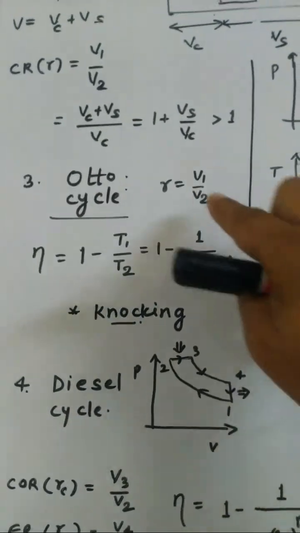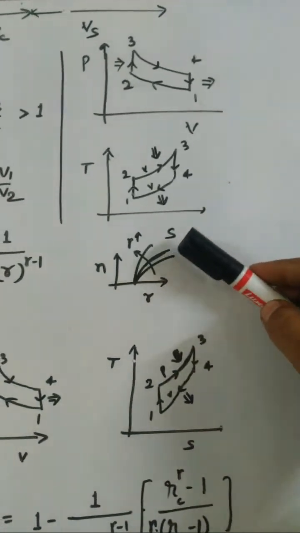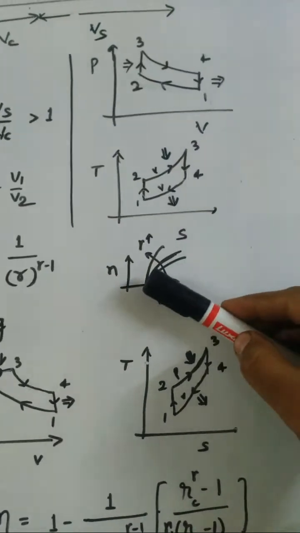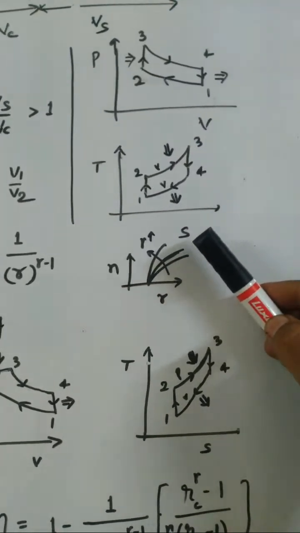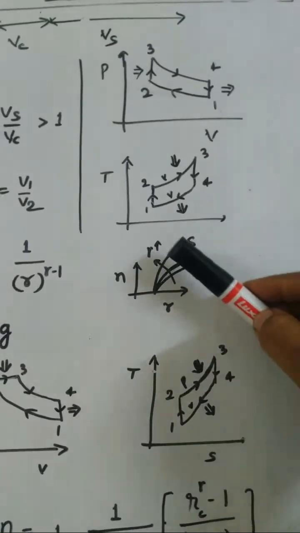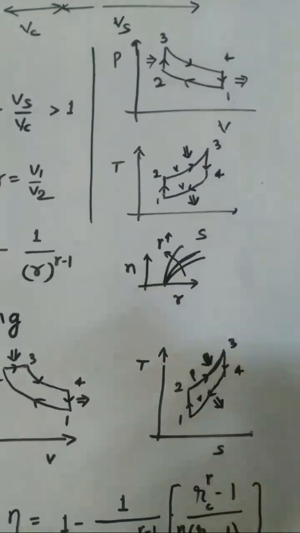If this will be less, so this whole term will be more. This is what is shown in the graph, that as the compression ratio increases, efficiency also increases. At the same time, if gamma increases, ratio of the specific heat increases, again efficiency increases.